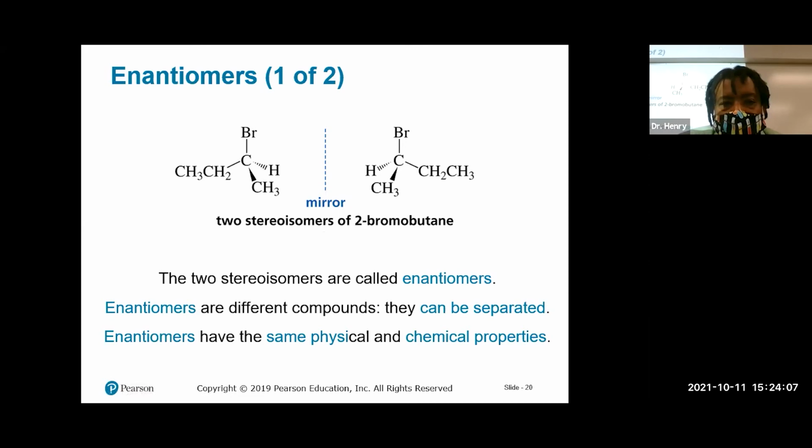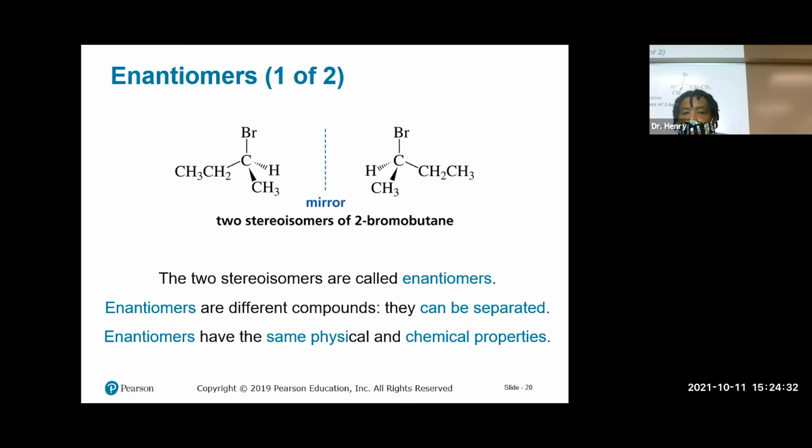Okay, so now I'm going to introduce you to enantiomers. So these guys are two stereoisomers of the same molecule. So this is 2-bromobutane.